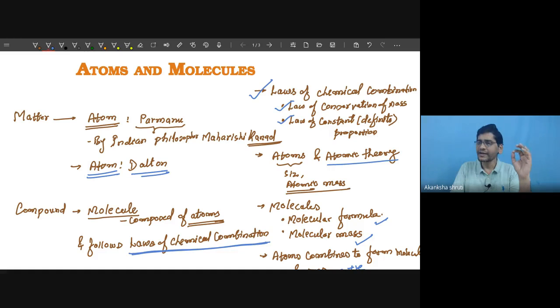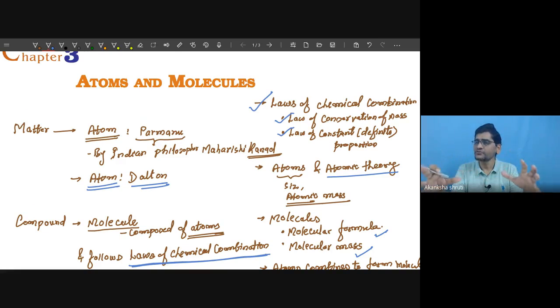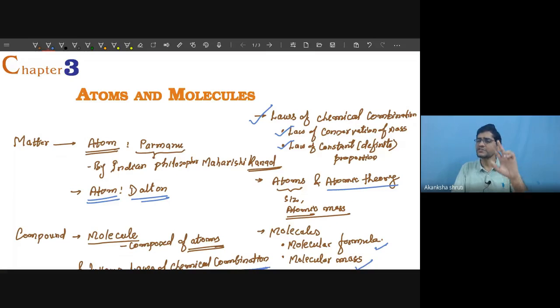It was Lavoisier and Proust who proposed that atoms combine to form molecule, but they follow certain laws. They proposed that there are two important laws: one is called the law of conservation of mass, another is called the law of constant proportion. These two laws have to be followed by the atoms to combine to form molecule, meaning elements combine to form compound.